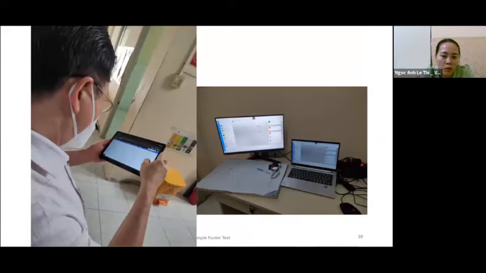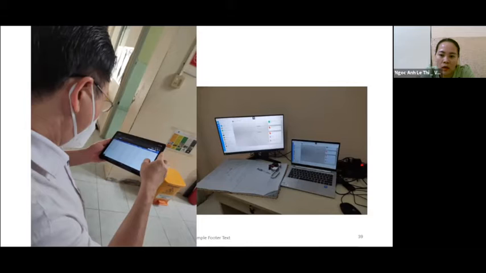And because we have CAD4TB as well in the algorithm, all the abnormal chest X-ray readings will be referred to the doctor to review again before deciding to provide the Xpert test for TB diagnosis. So this on the left hand side is where the doctor can see the results of the chest X-ray readings through CAD4TB.